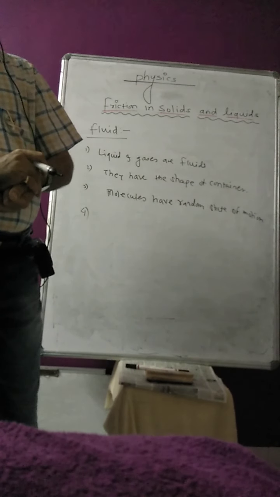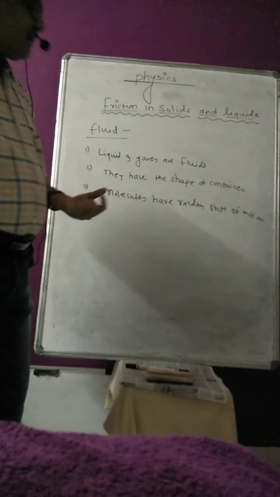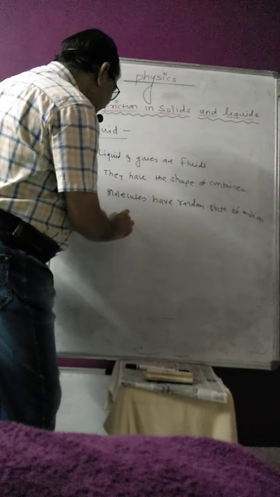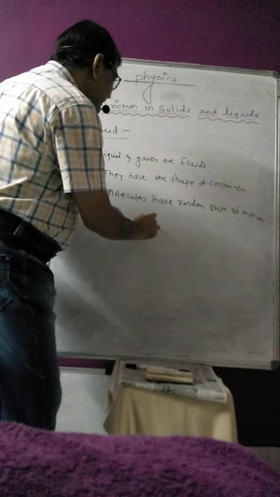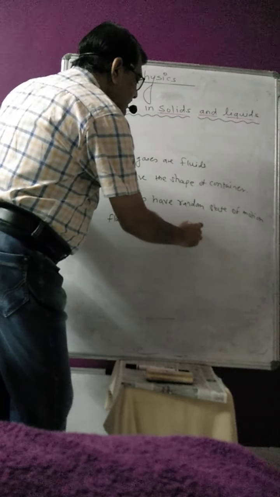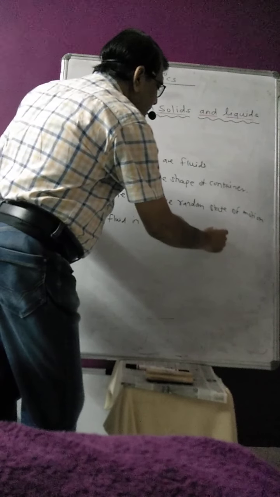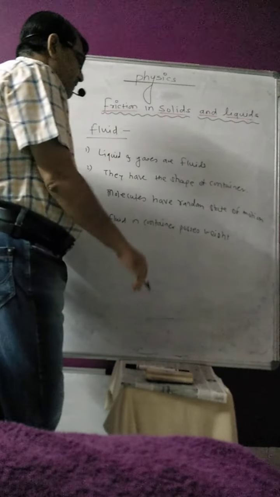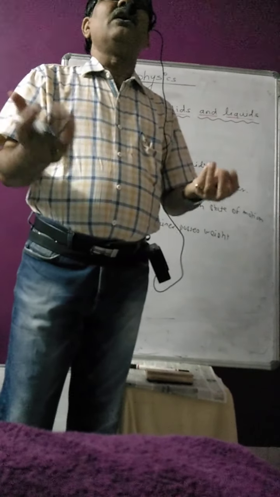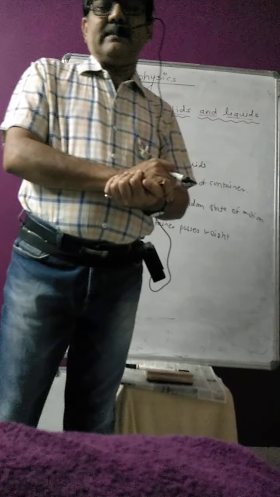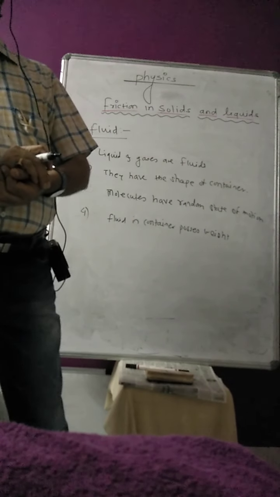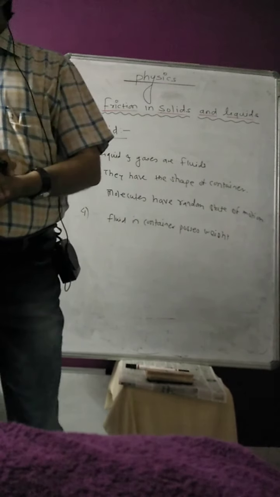Now, a fluid in a container possesses weight, and therefore, as the fluid has weight, it exerts force on the base of the container. That is another property of fluids.